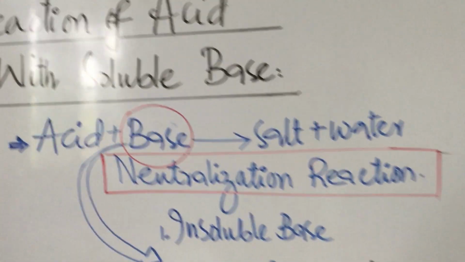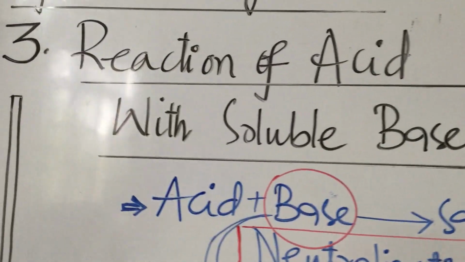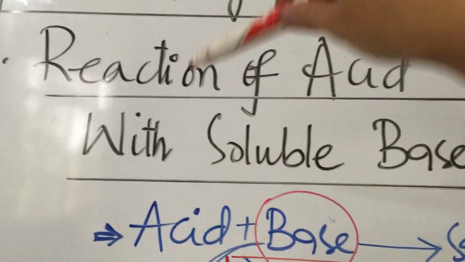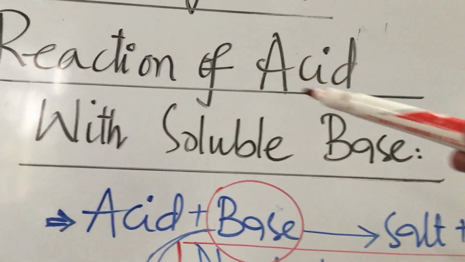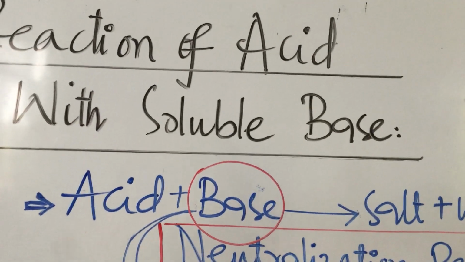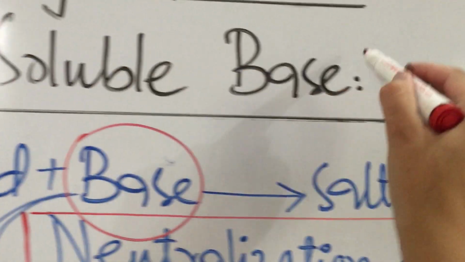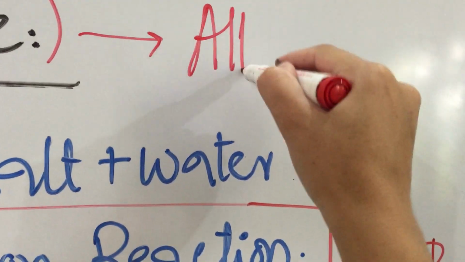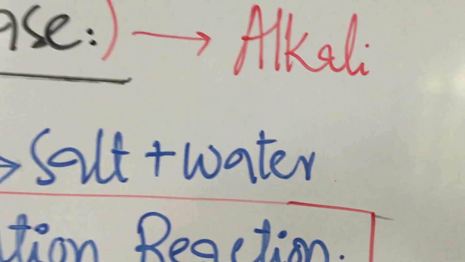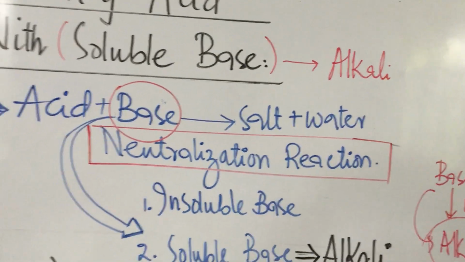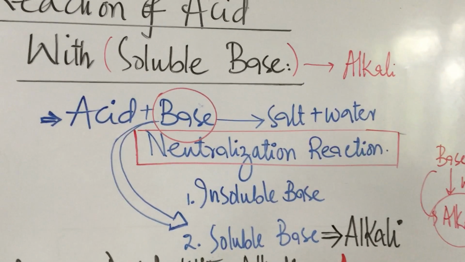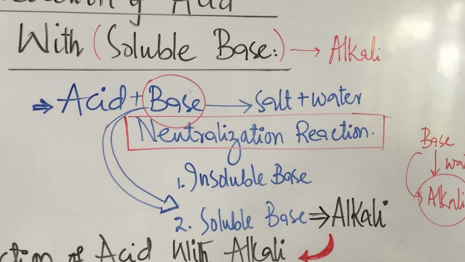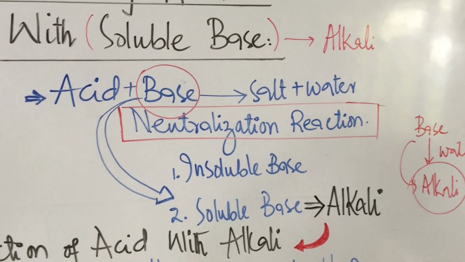So simply you can also rename this reaction as reaction of acid with alkali. This soluble base is also known as alkali because it can be dissolved in water, as we have already learned.